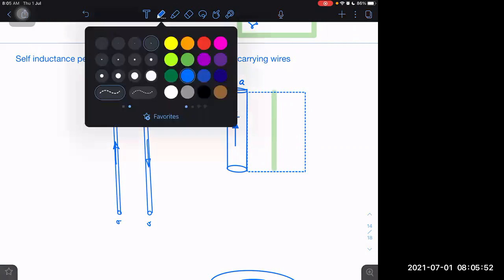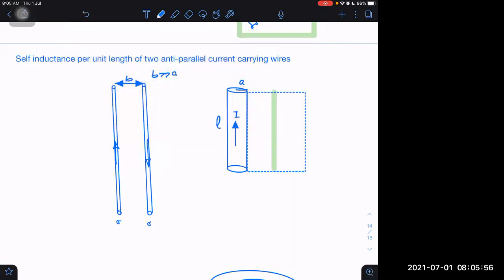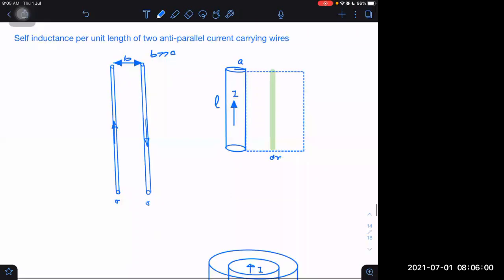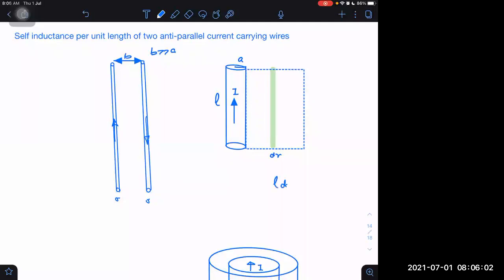Length is taken as L. This is here dr. Then we get it as L into dr, into mu naught I by 2 pi r.